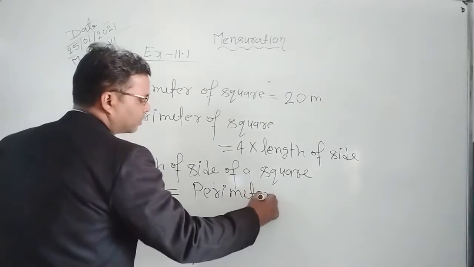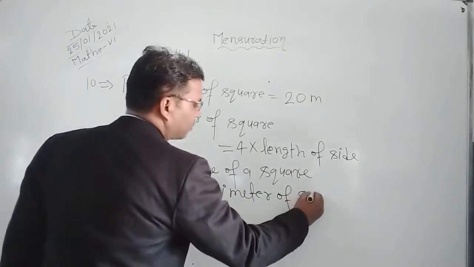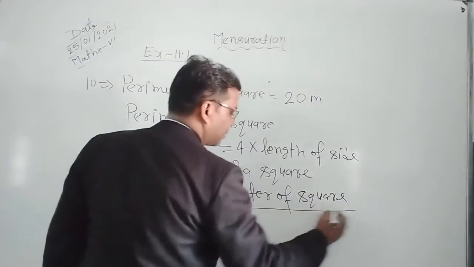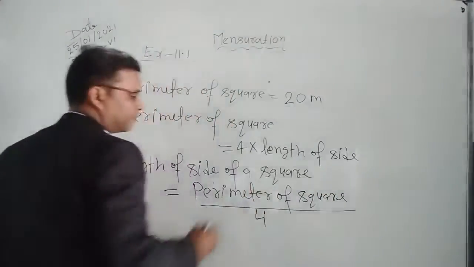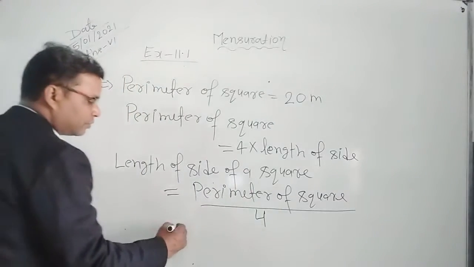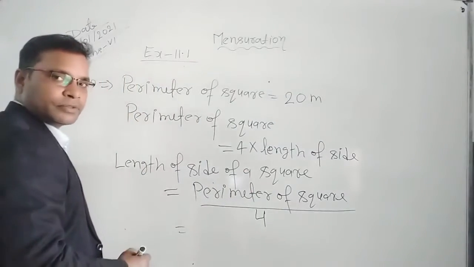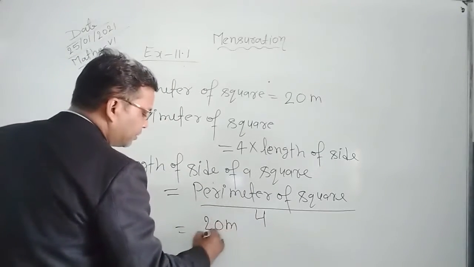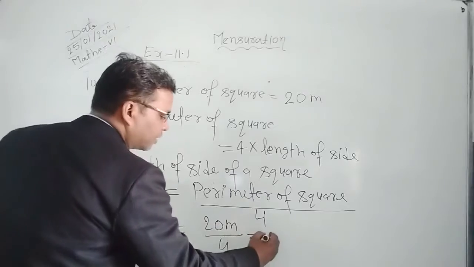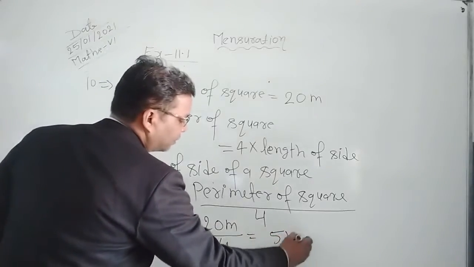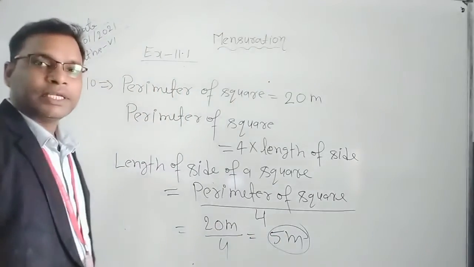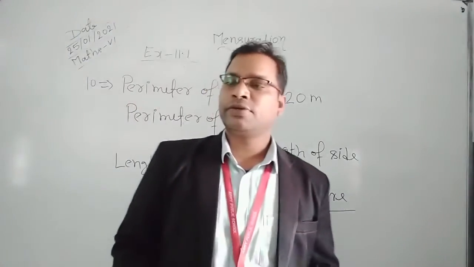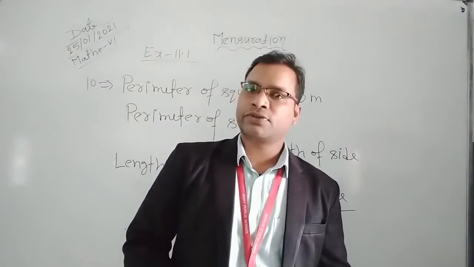Perimeter of square by 4. Okay, so perimeter is given here. What is the perimeter? Perimeter is given 20 meter by 4. This is equal to what? 5 meter. 5 meter is the length of side of square. So student, I hope all of you understood this question.